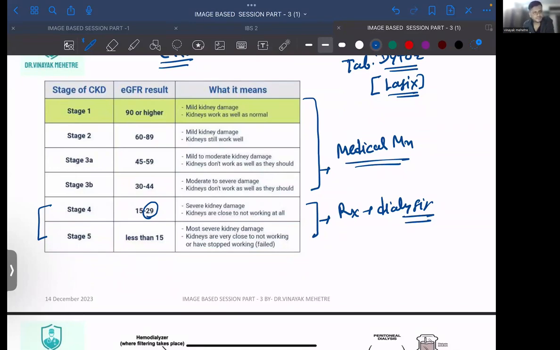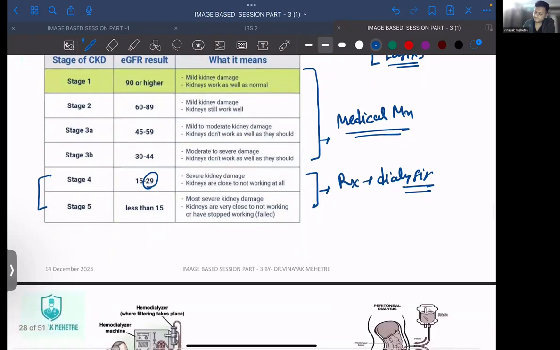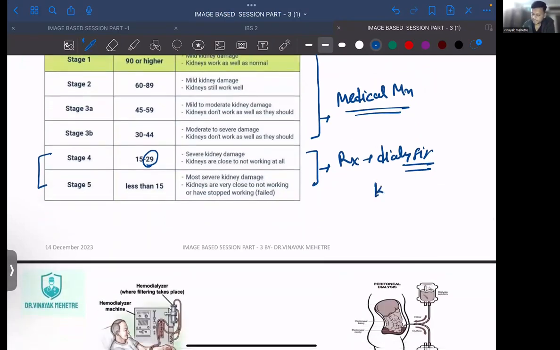And the definitive management for these patients, if the level of glomerular filtration is going down less than 30, is always going to be kidney transplant. This patient will present to you needing dialysis thrice a week, because there will be no urine output.